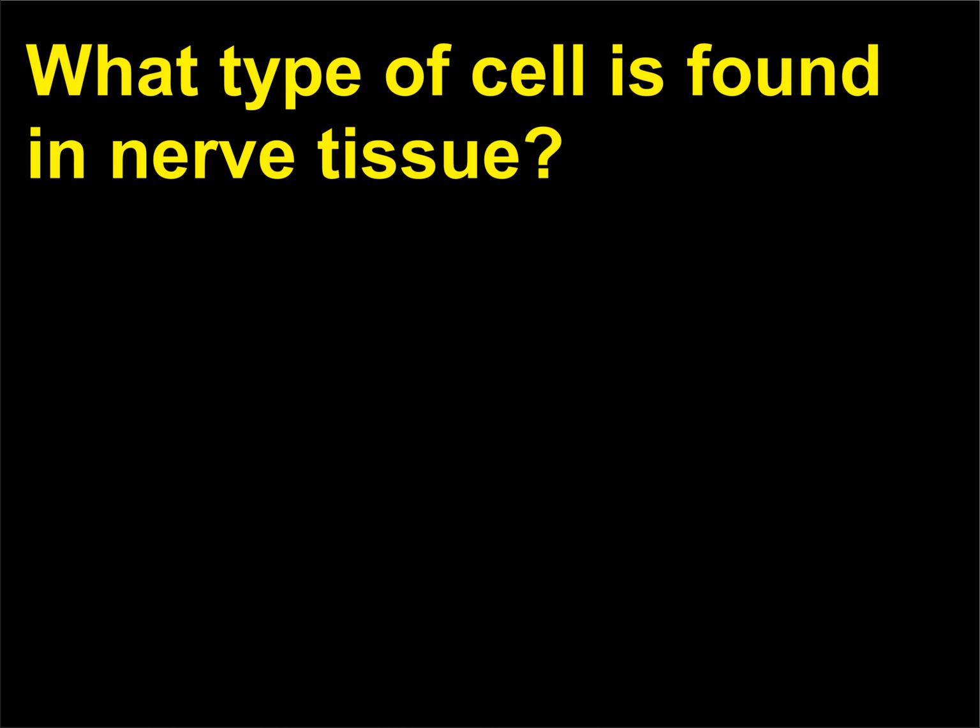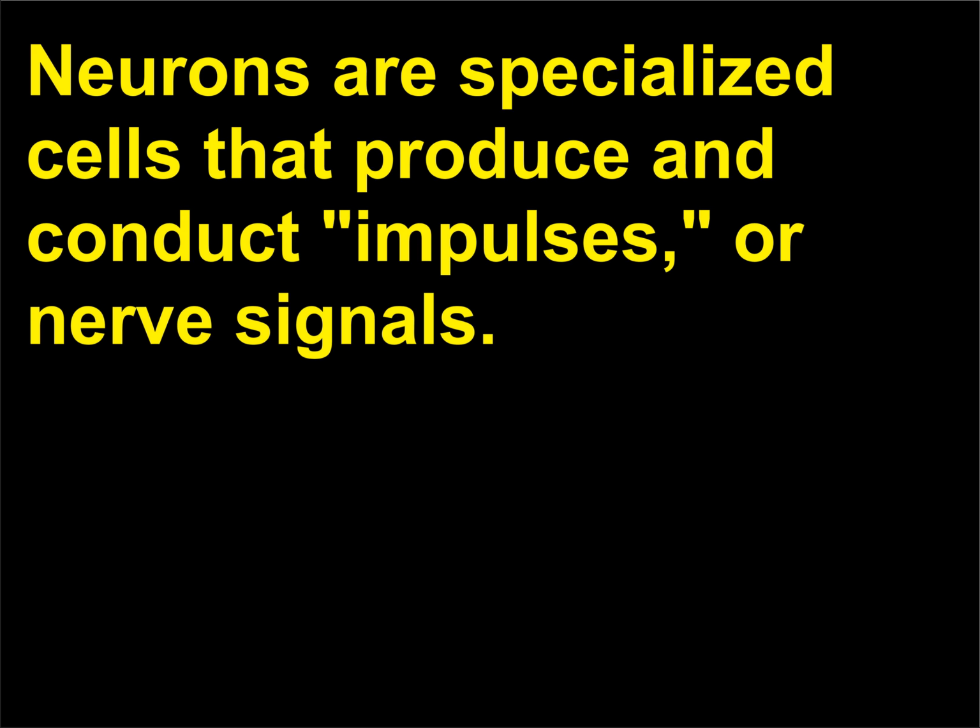What type of cell is found in nerve tissue? Neurons are specialized cells that produce and conduct impulses, or nerve signals.